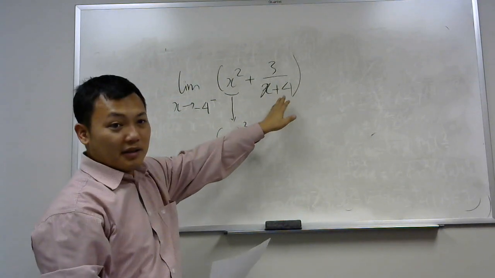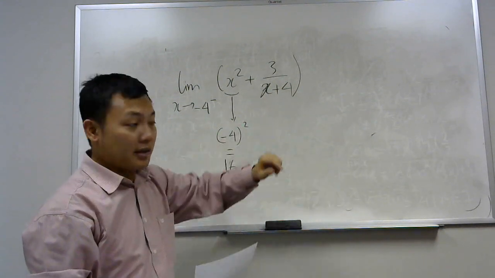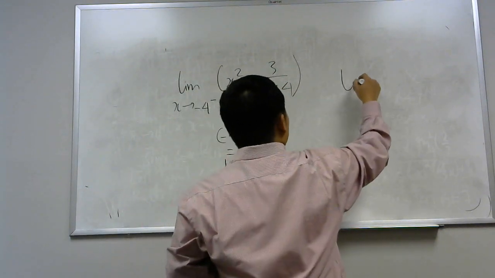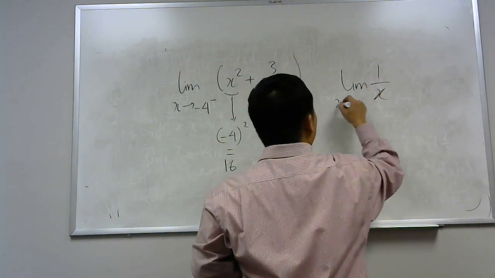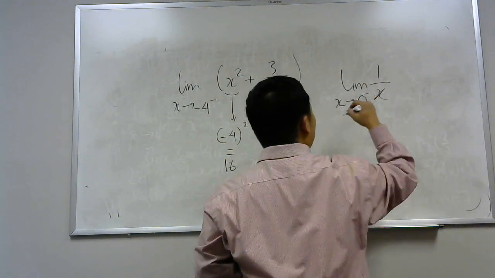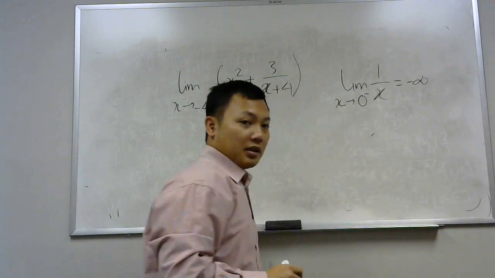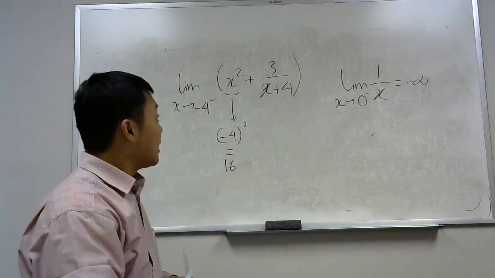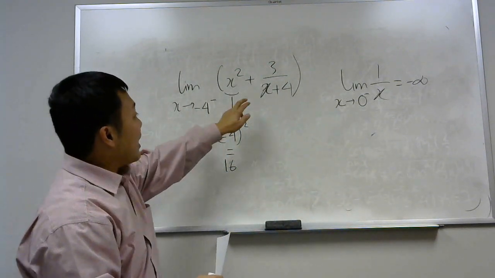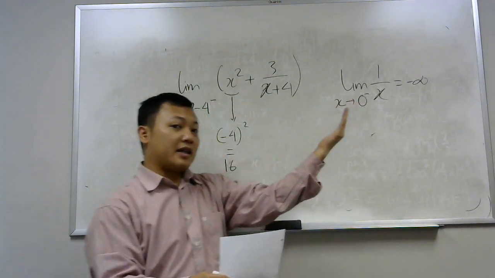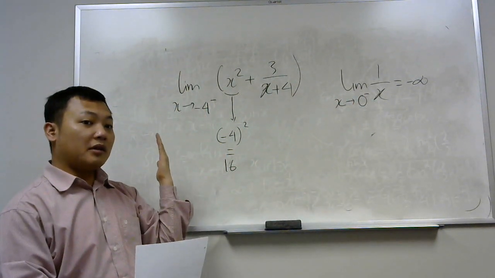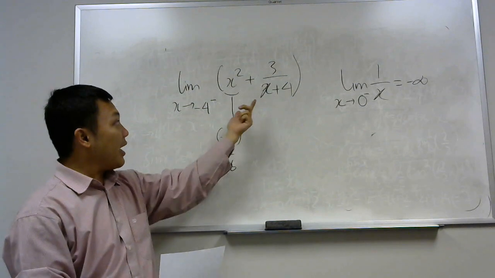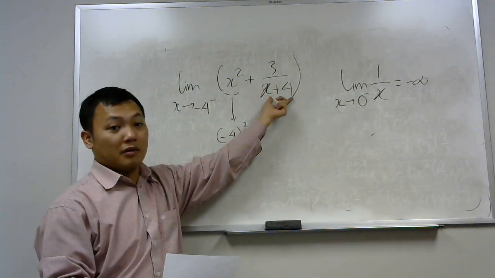This function is just similar to 1 over x. Let's say, what is the limit of 1 over x when x goes to 0 from the left? That is negative infinity, right? Because you go to 0 from the left. And I just shift the graph of 1 over x to the left by 4 units. So that's why I have 3 over x plus 4, right?